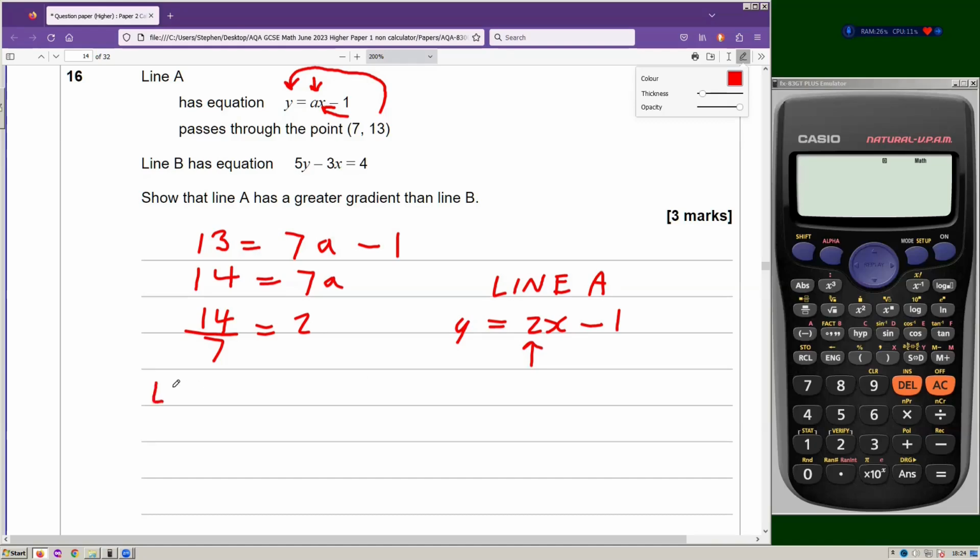Line B, 5y minus 3x equals 4. I'm going to get it in the same format as this.